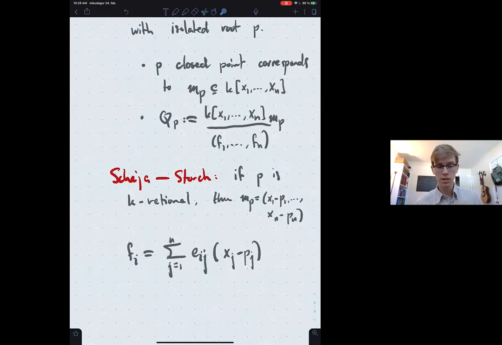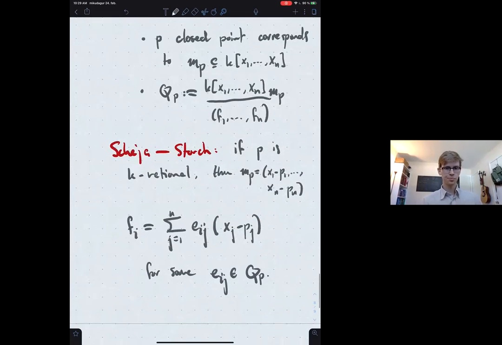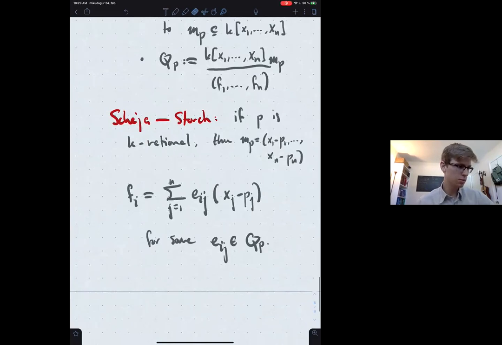That means it's living in the ideal generated by these. And so I should be able to write this down for some E_ij living in, say, my local ring. Well, I guess really we want to be working, say, just in the polynomial ring.